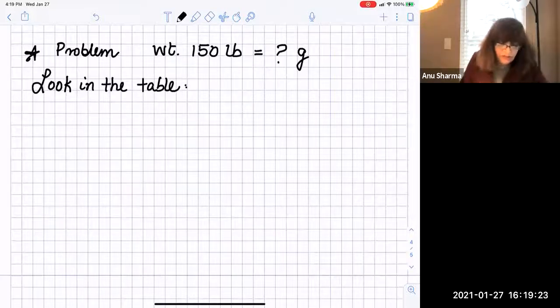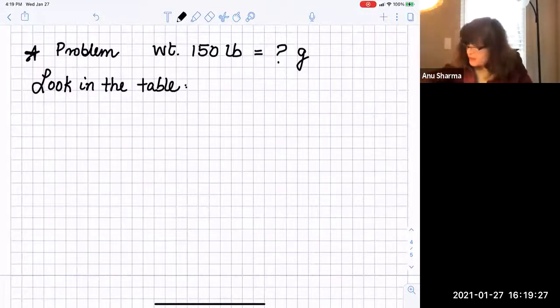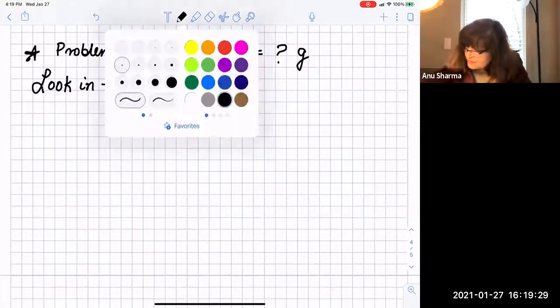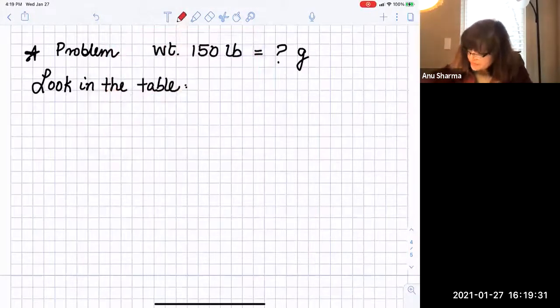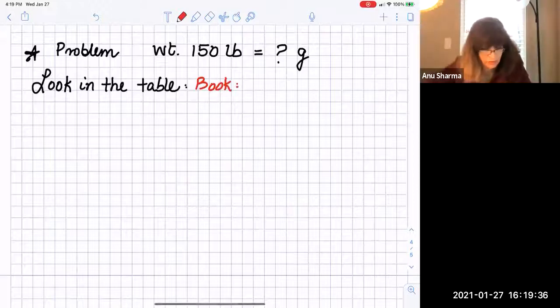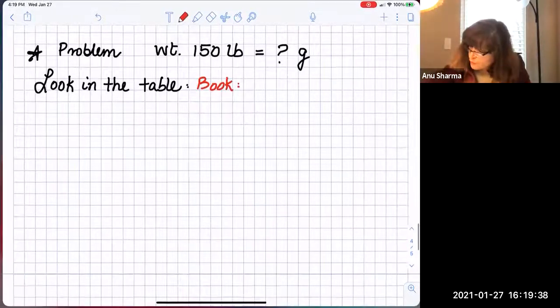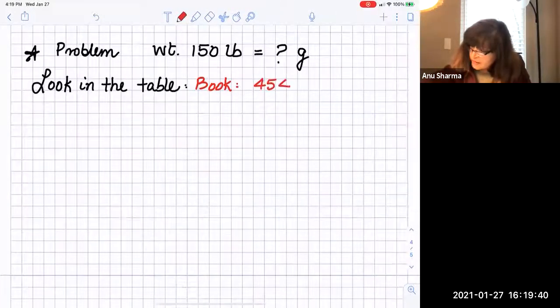There is no direct, 1 pound, there it is. We know from the table in the book, and you're welcome to write these on your own with your own handwriting, that 454 grams is equal to 1 pound.